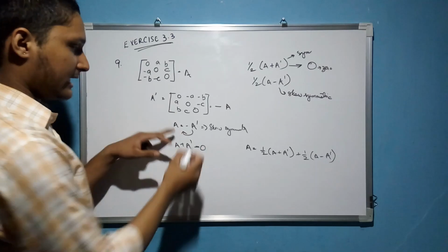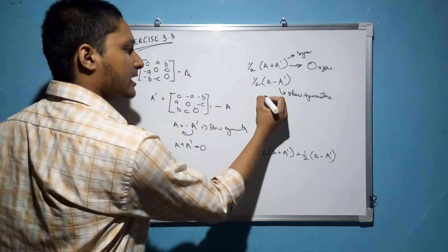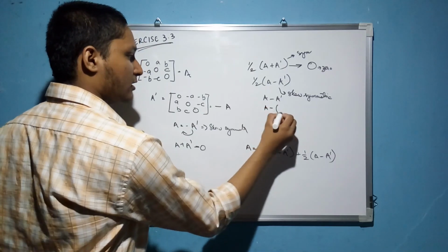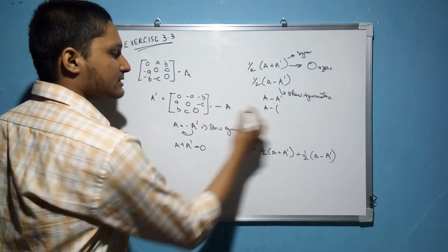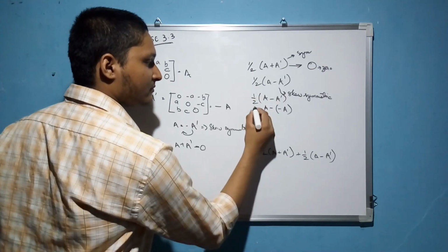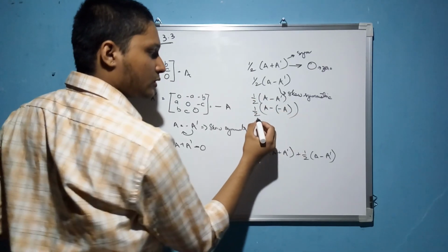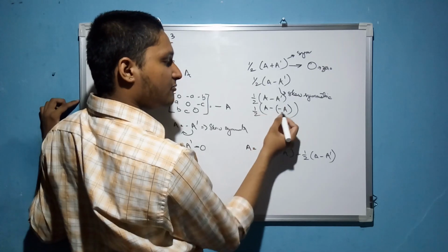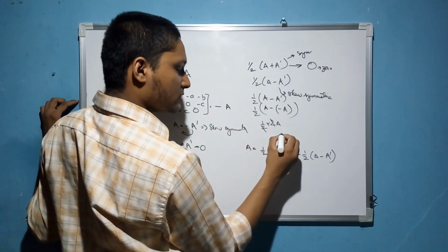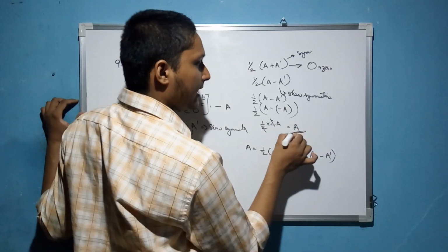What is A minus A transpose? It is same as A minus of A transpose, which is minus A. Half you have outside. So you have A minus of minus A, that is 2A, and half. So this 2 is going to get cancelled, you are going to get A.